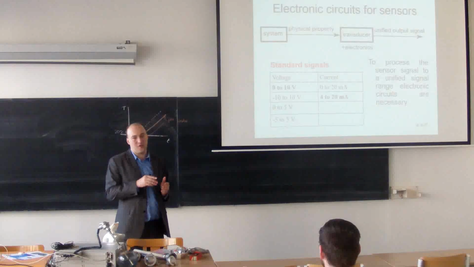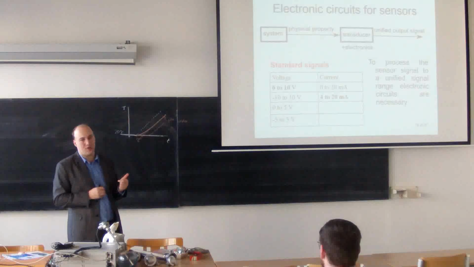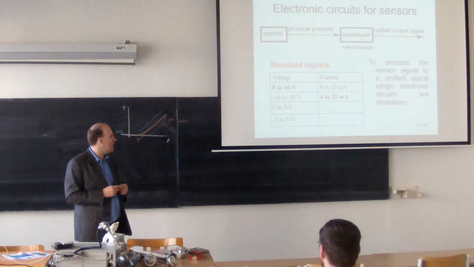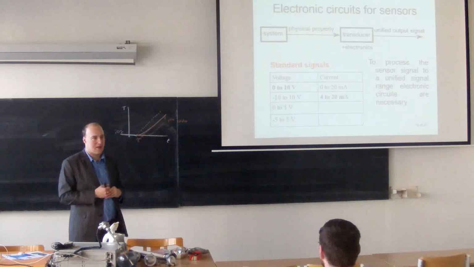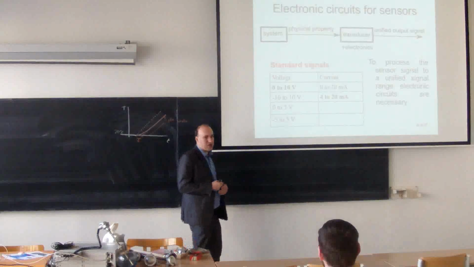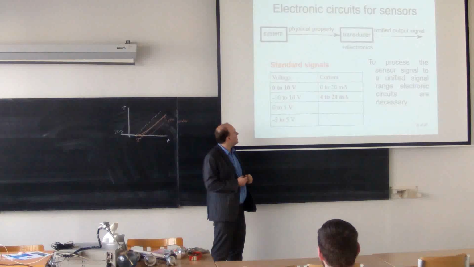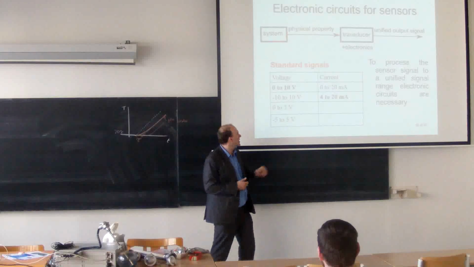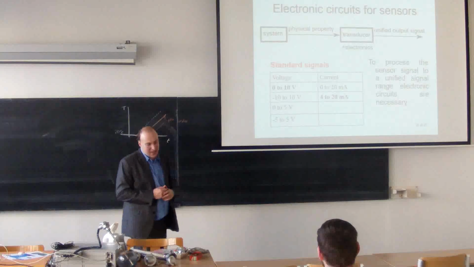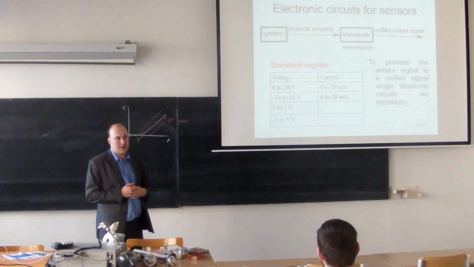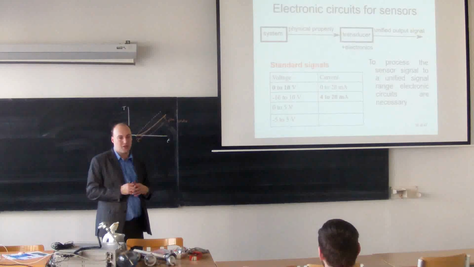So there will be a linear relation between the temperature and the output voltage. For the other ranges, it works in the same way. I can say, okay, if temperature is 0, voltage will be minus 10 volts, and if temperature is 100 centigrades, voltage will be plus 10 volts. So then, in the data sheet of the sensor and the corresponding electronics, you have to find this relation.